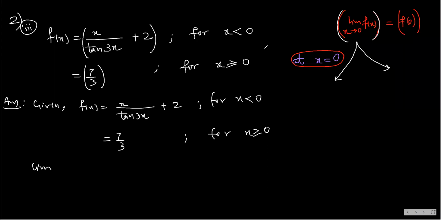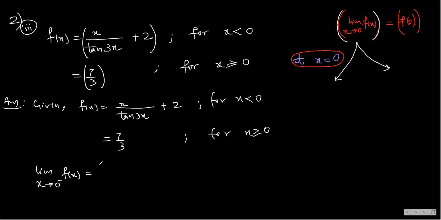So here I'll have to find the left hand limit. I will go here for limit x tends to 0 negative. To find the limit of f of x as x tends to 0, first I will find the limit of f of x when x is approaching 0 from the left, 0 negative.